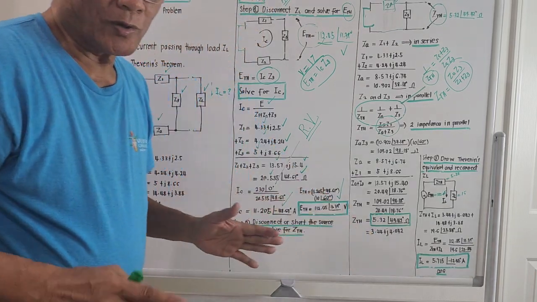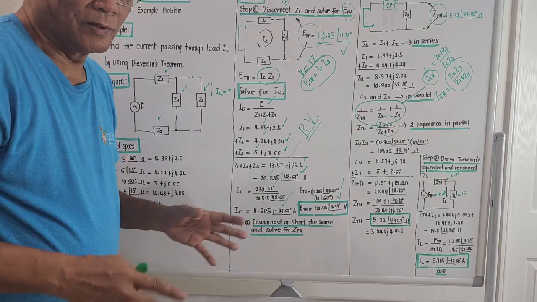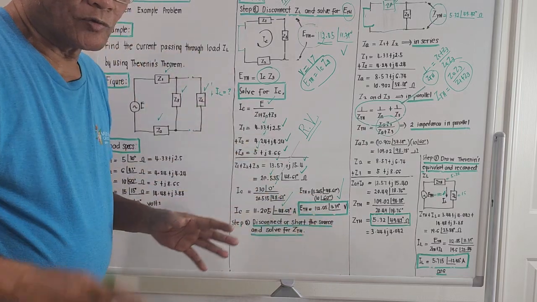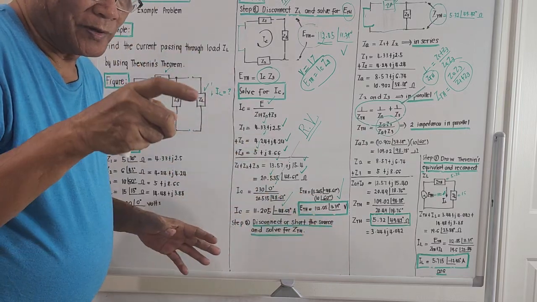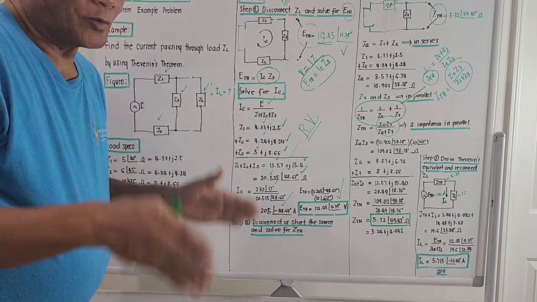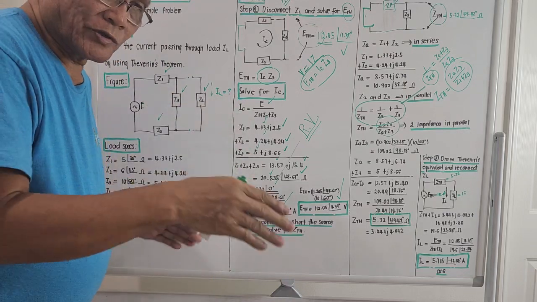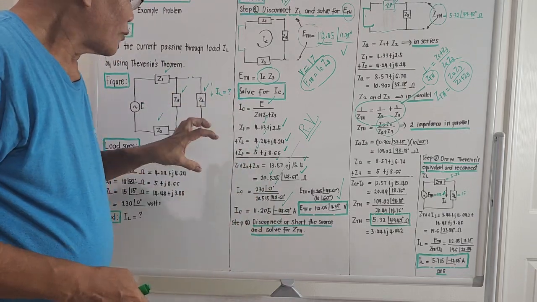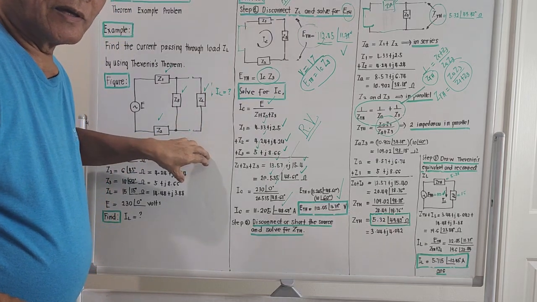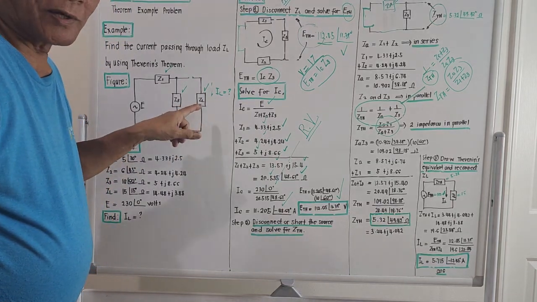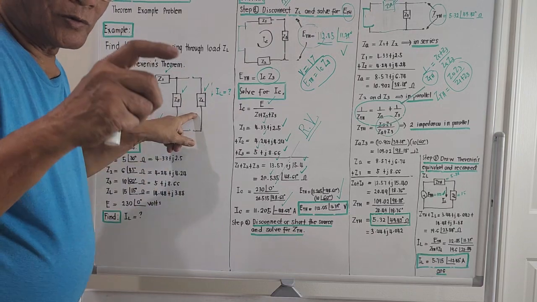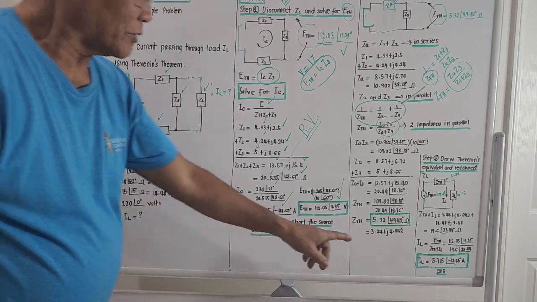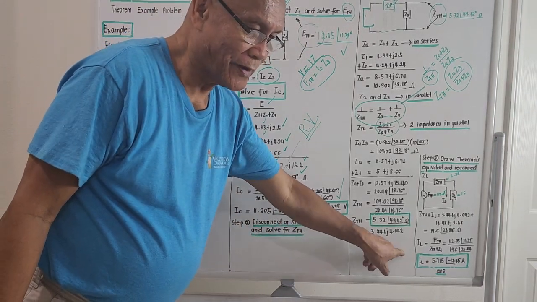It means we are presenting two advanced solutions solving one problem, so the answer will be just one. So by using Norton's, we should produce this current IL of 5.715.